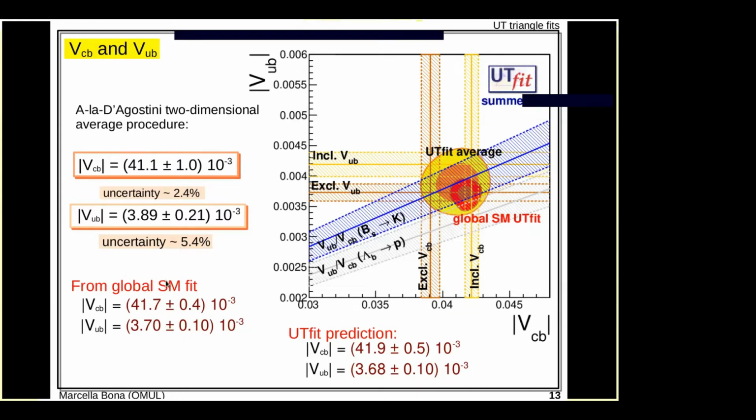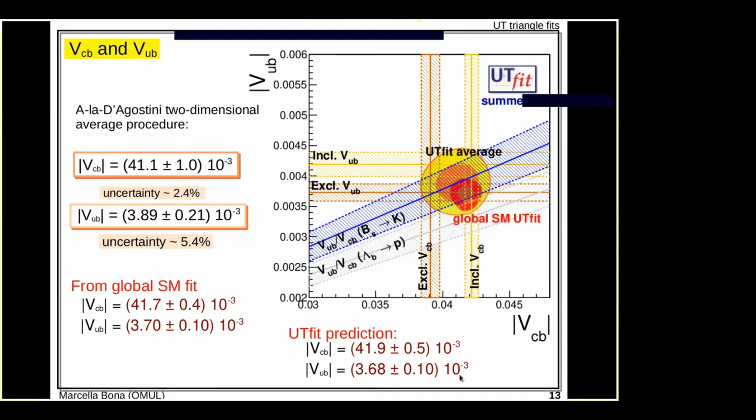And then, anticipating a little bit, I mention here the results, which is this red blob, the results from the global Standard Model fit. The fit I will present in a moment. When I put all my constraints inside, this is what I get out of the fit for these two parameters. And these are the predictions that are obtained by removing the specific parameter from the fit, and then doing the fit without this input.